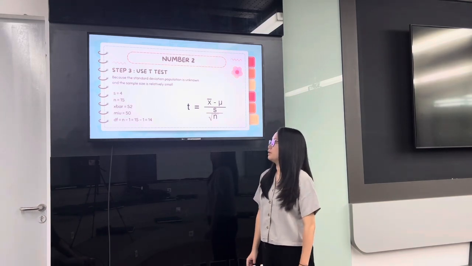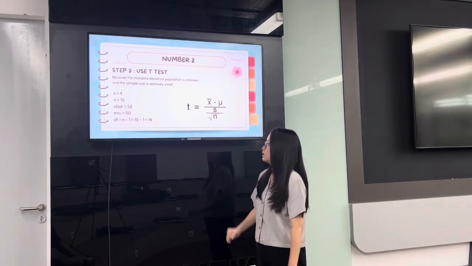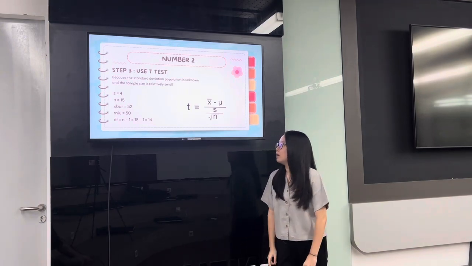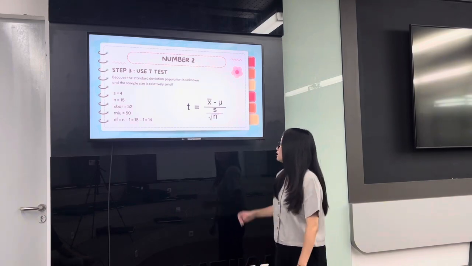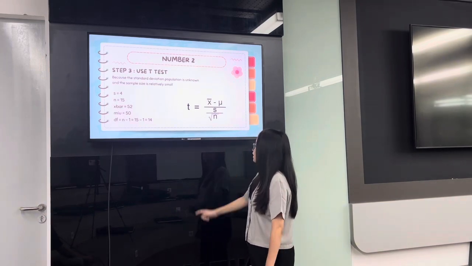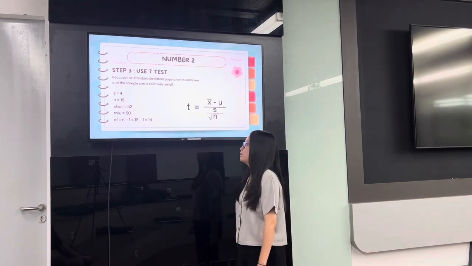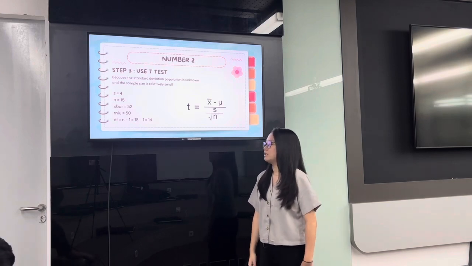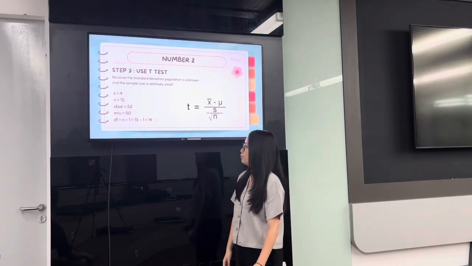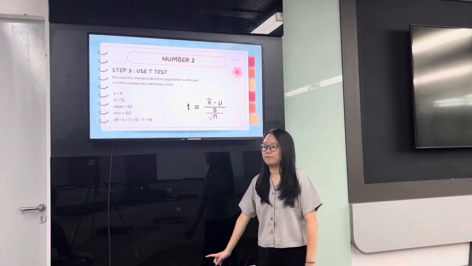Step 3, we use t-test or z-test, and we choose t-test because the population standard deviation is unknown and the sample size is relatively small. This is the formula of the t-test, and the standard deviation is 4, the sample size is 15, the x-bar is 52, the mu is 50, and the degrees of freedom is n minus 1 equals 15 minus 1 equals 14.